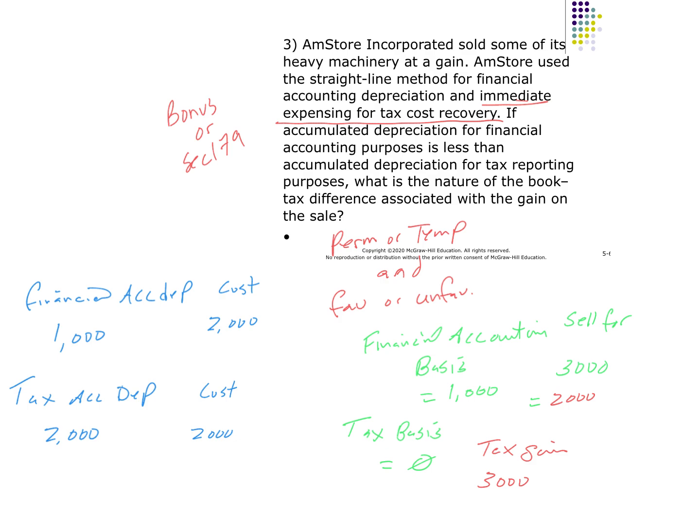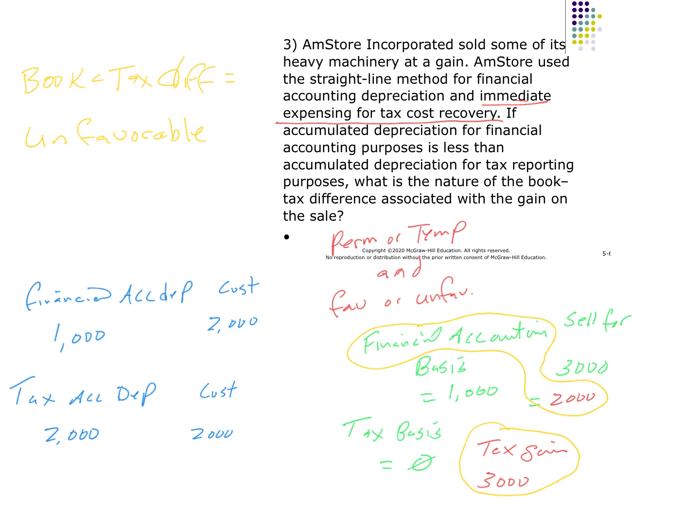So to recap, our book tax difference is going to be unfavorable, because our tax gain is $3,000 and our financial accounting gain is only $2,000.